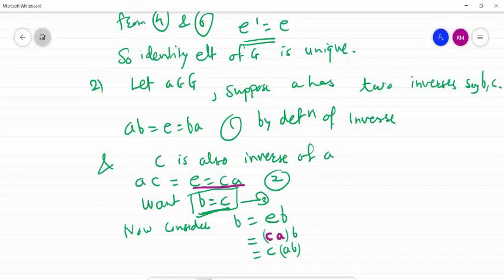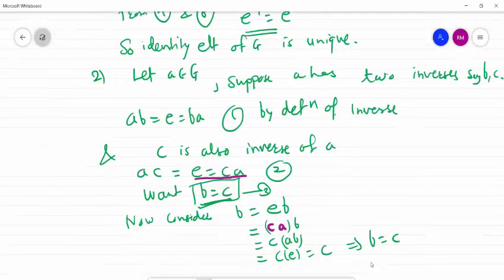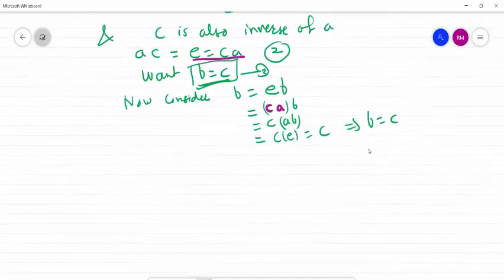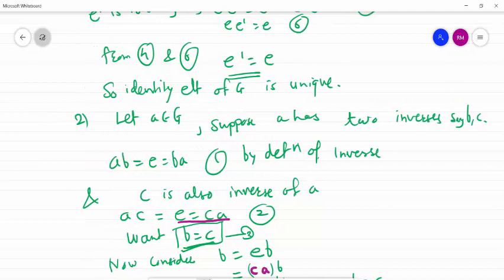And what is AB? From 1 we can say it is E only, so that is nothing but C. So B equal to C. So A has a unique inverse, B and C are not different. So in this way we can prove the second property.